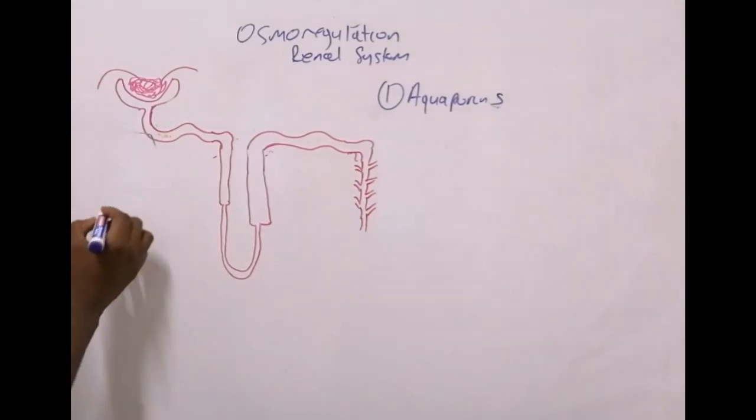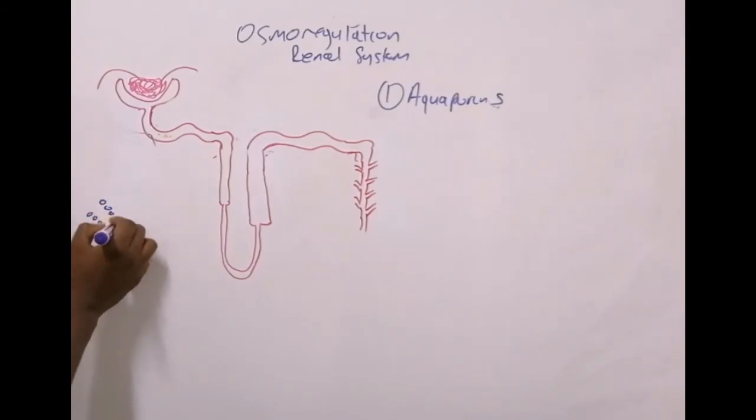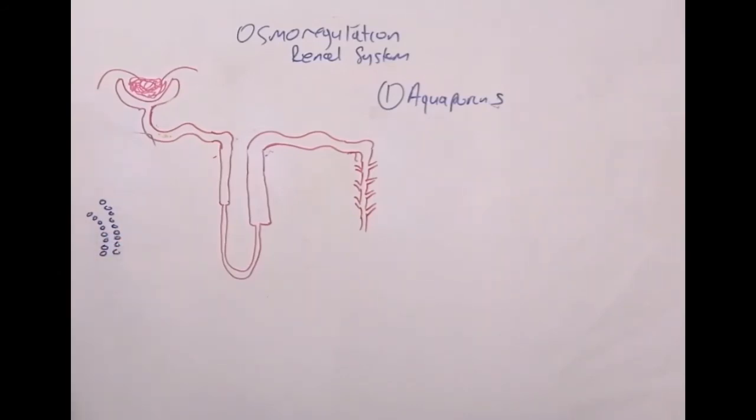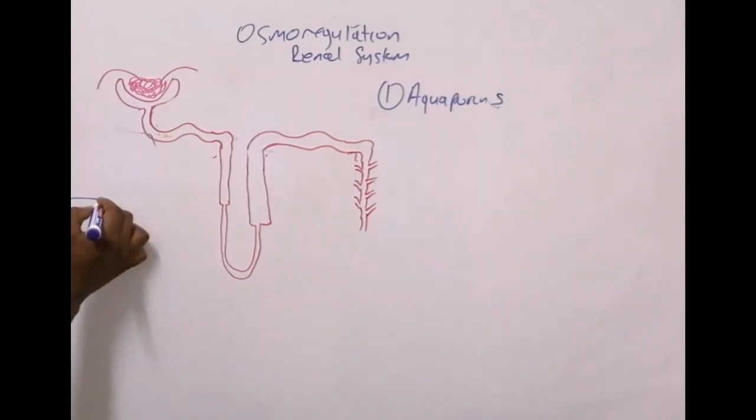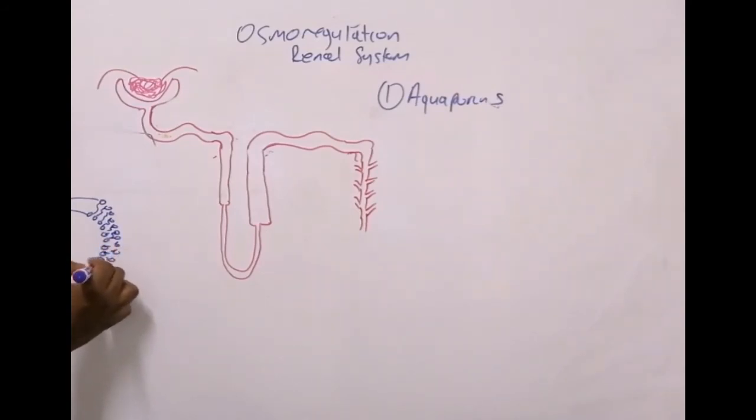Remember, the cell membrane has got a bilipid layer, right? If we go back to our biochemistry, the bilipid layer has two layers of lipids with their tails, and this is what cell membranes are made of.